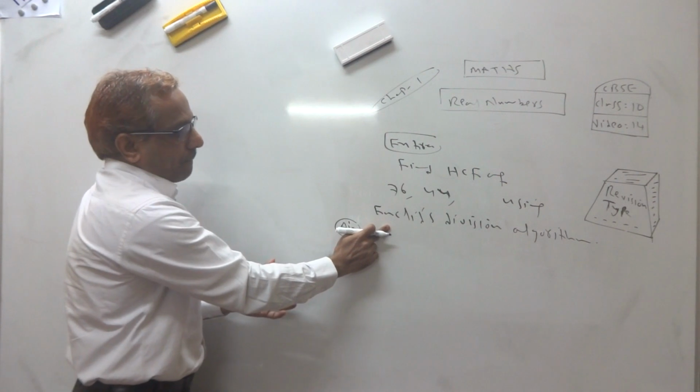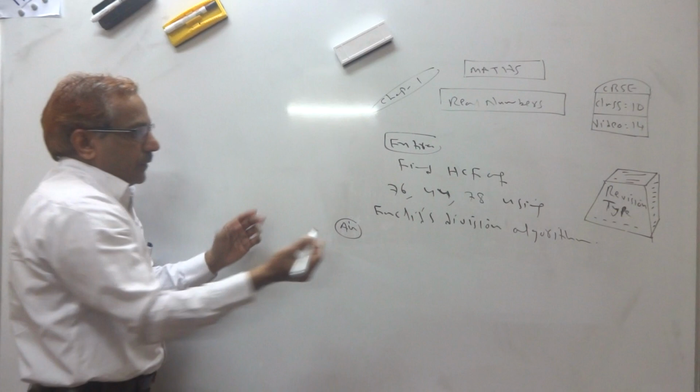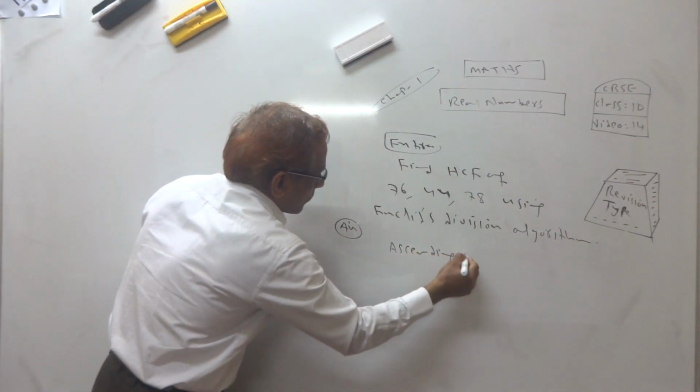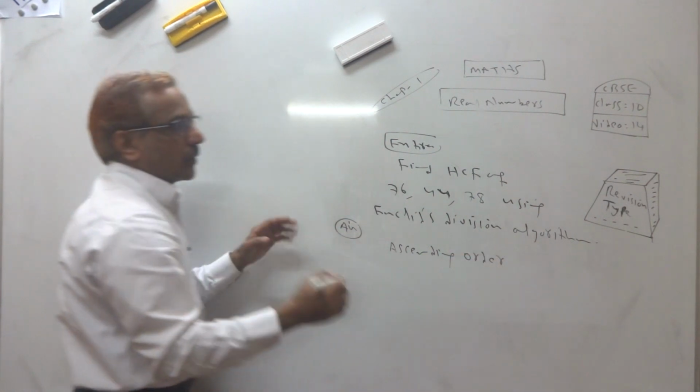Now this is asking for 3 numbers, so how do we do it? First write the numbers in ascending order, means small to big.